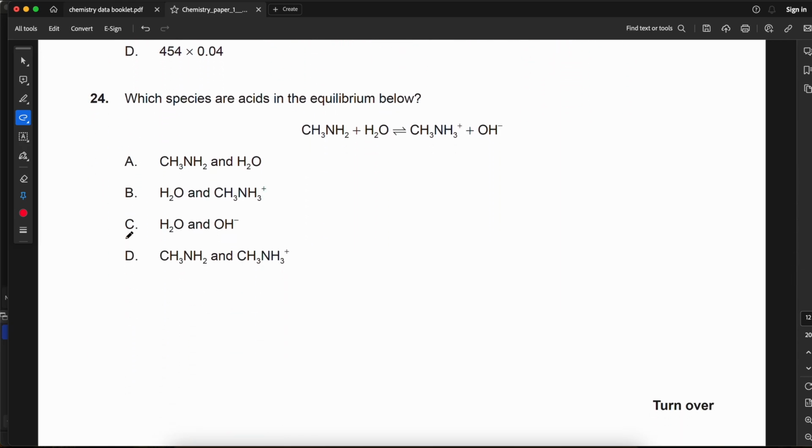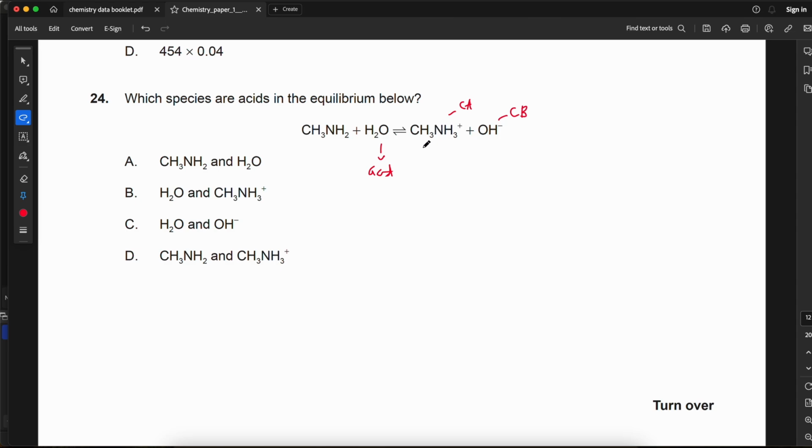Which species are acids in the equilibrium below? So as this donates a proton, this will be acid, because it loses the proton here, and this one will be conjugate base, and this one will be conjugate acid, because here is acid, this will be conjugate base, and this conjugate acid.